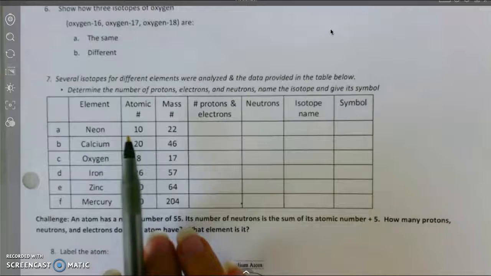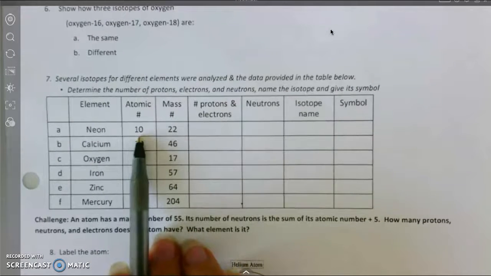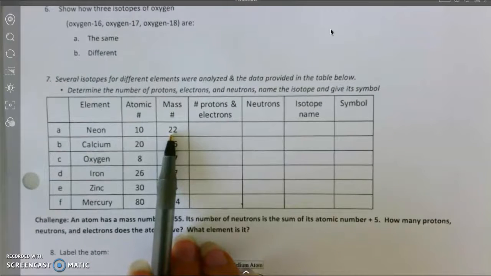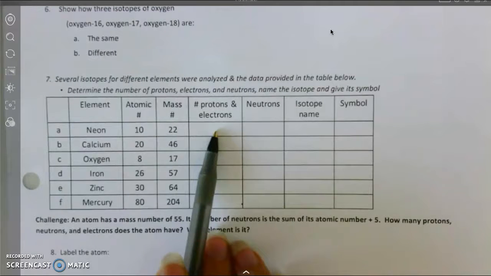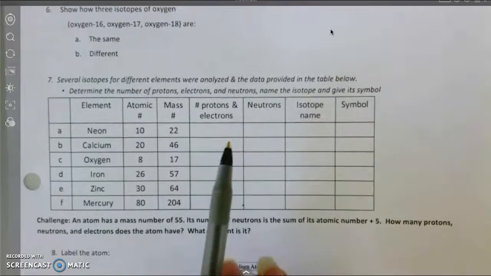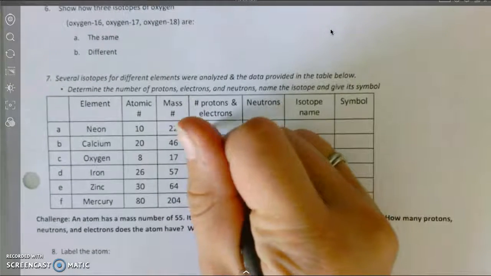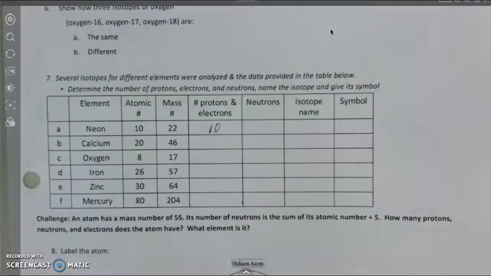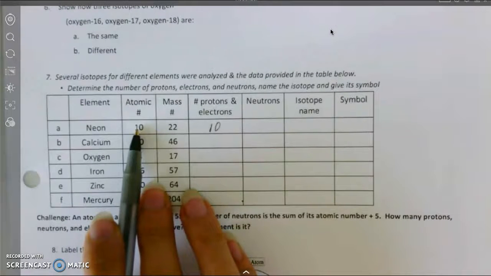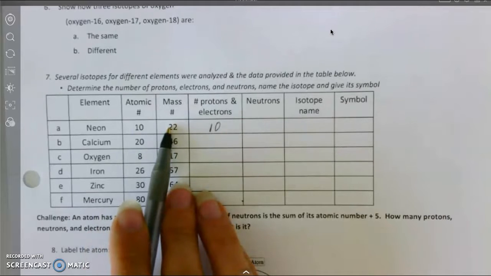All right, so neon here has an atomic number of 10 and a mass number of 22. So my number of protons and electrons, and these are isotopes, they're all neutral, they're not ions. So I would have 10 protons and 10 electrons, because that was my atomic number. That tells me how many protons. Mass number is protons plus neutrons.